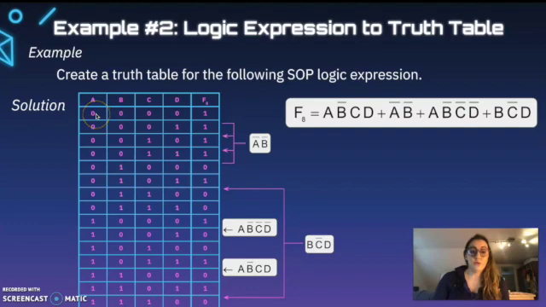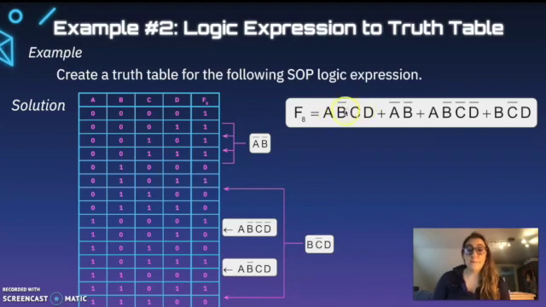We then went through and we created 16 rows in our table. You then need to count to 16 in binary by filling in 0, 0, 0, 0, 0, 0, 0, 1, 0, 0, 1, 0, etc. down to 16.